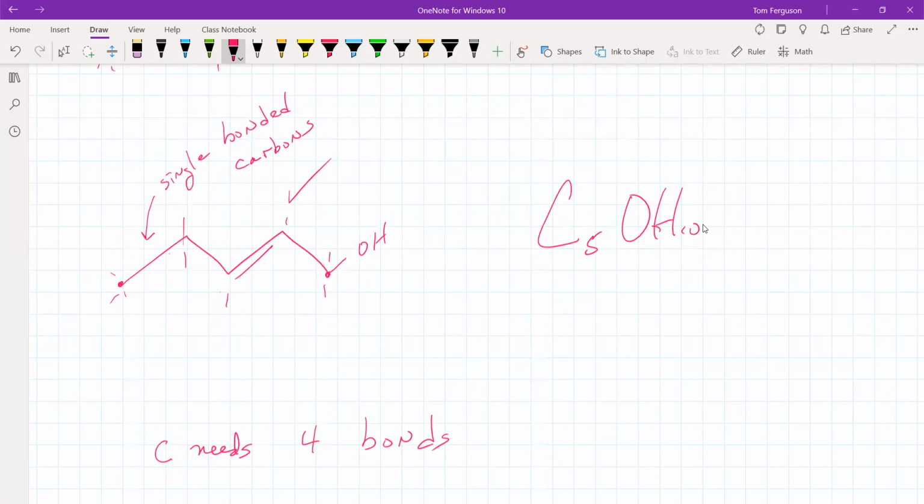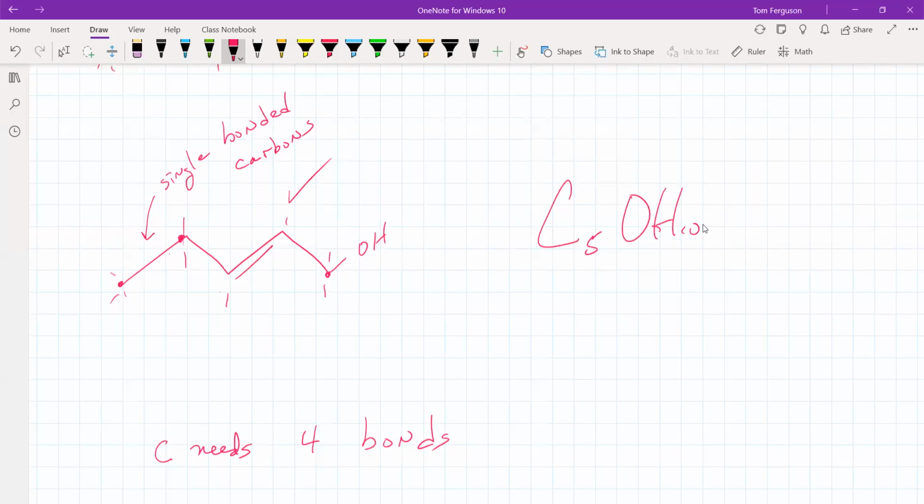Well, one of the 4 bonds is attached to another carbon. So the remaining ones are hydrogens. That means that's 3 left over. If this carbon here has 2 carbon-carbon bonds of the 4, that leaves 2 left over. So those are 2 hydrogens.